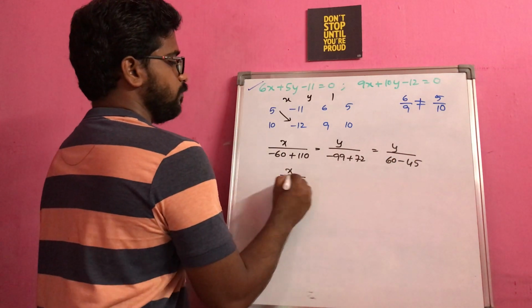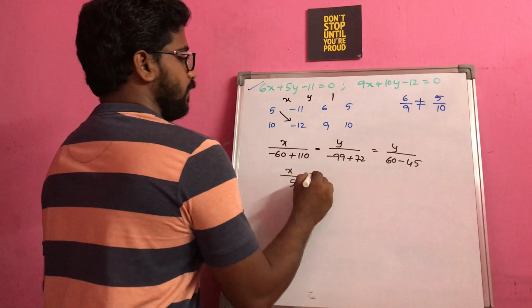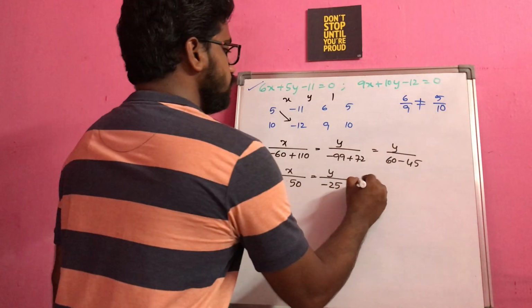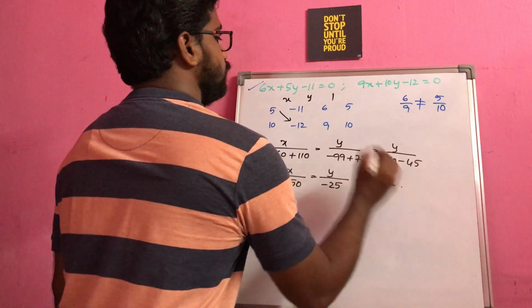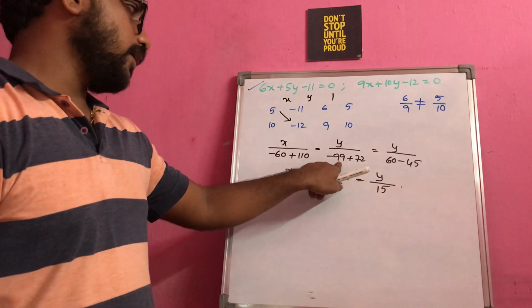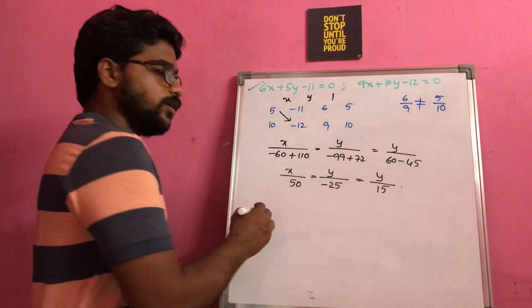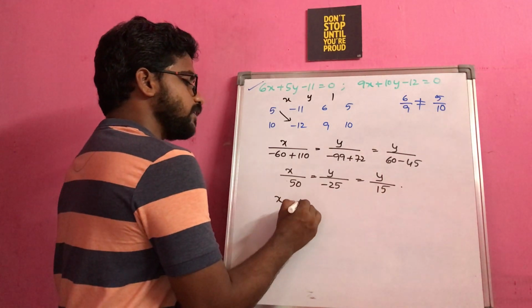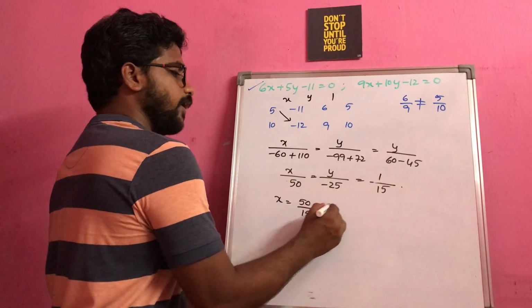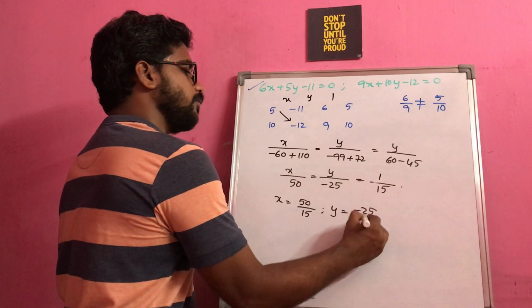So x divided by 50 is equal to y divided by minus 27, is equal to 1 divided by 15. Okay, because 60 minus 45 is 15. This is minus 99 plus 72 means minus 27. So if you simplify this, x is equal to 50 by 15, y is equal to minus 25 by 15.